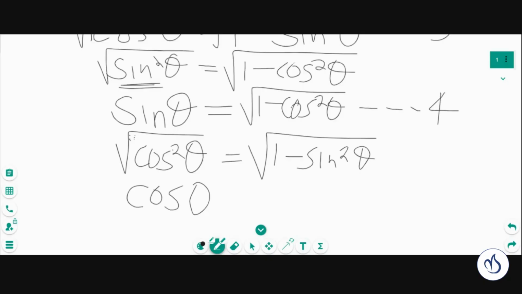Now, there are some students who will do this: they say, oh, square root of 1 is 1, and square root of sine squared theta is sine of theta. That is wrong. It does not apply. It's not true. So we leave it in the square root sign.